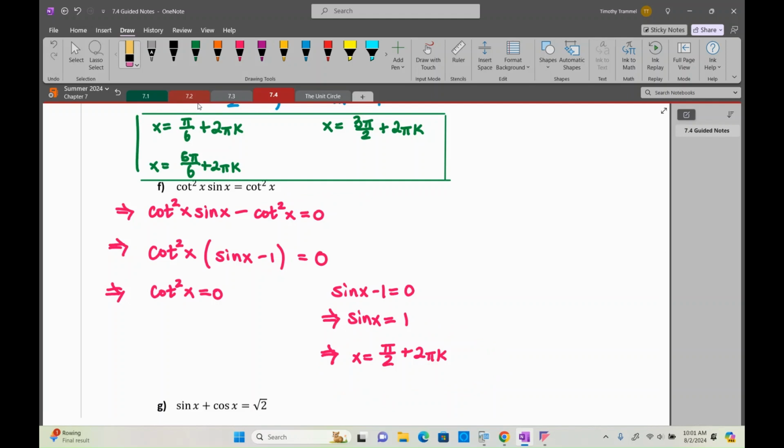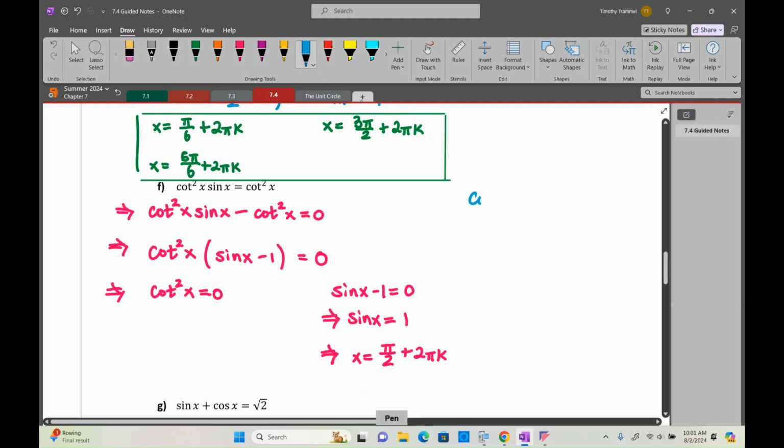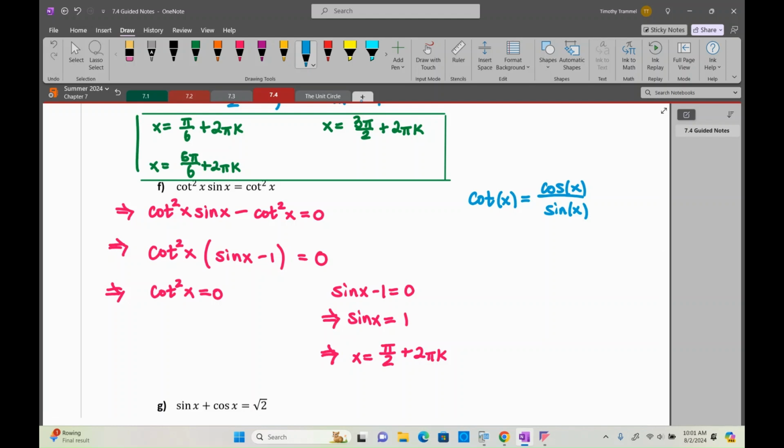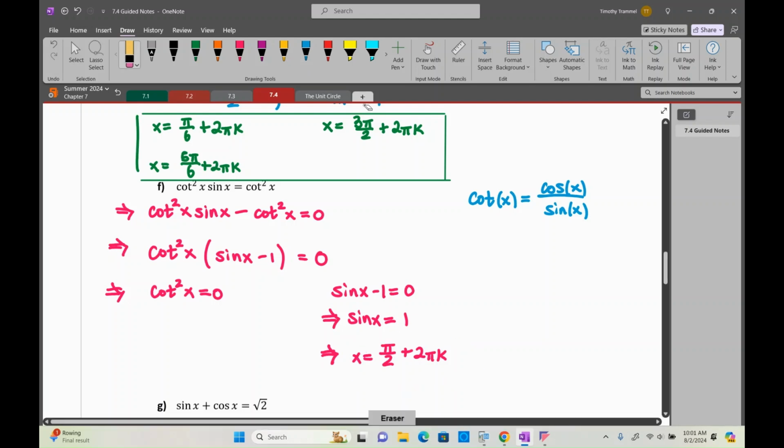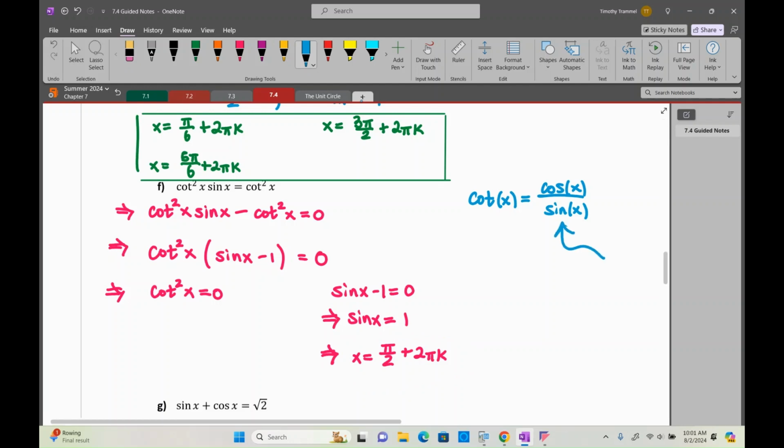Cotangent, just as a reminder, cotangent of x can be thought of as cosine of x over sine of x. What I'm trying to be really careful about here is I want to make sure that these numbers don't cause any division by zero.